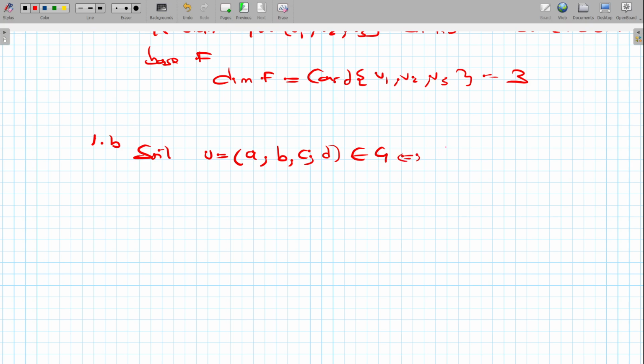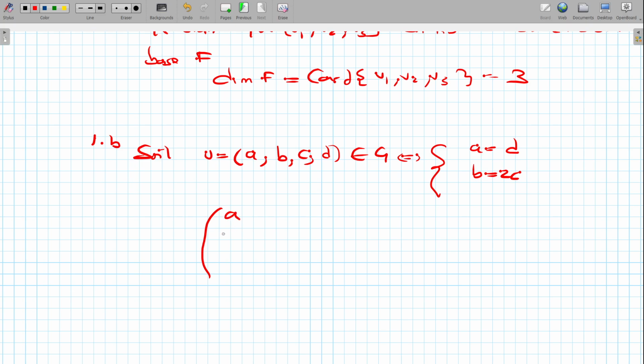Well, this is a very easy situation. Here we have that A is equal to D, and then B is equal to 2C, which is a very simple and interesting situation to be in. So A is equal to D, B is equal to 2C.